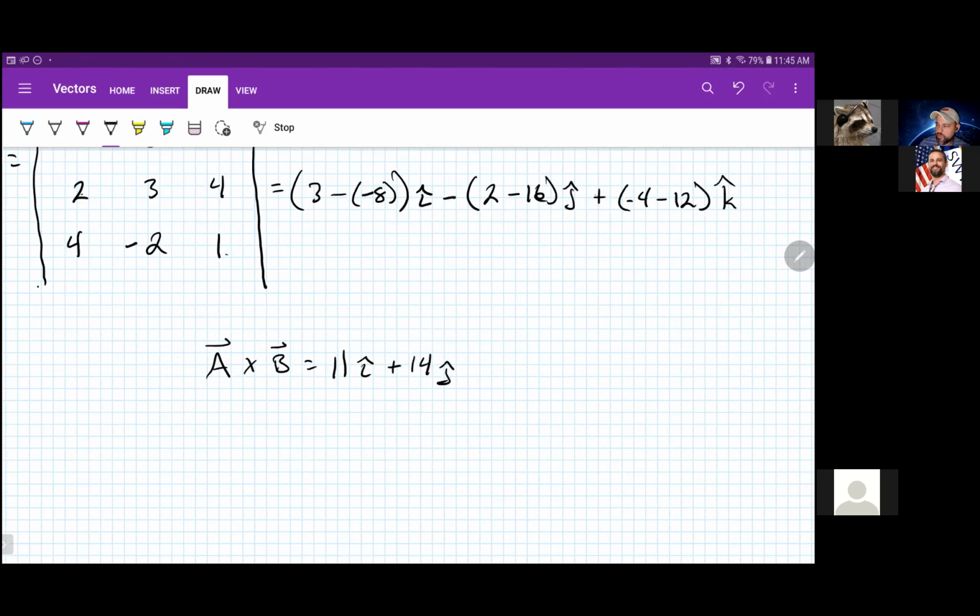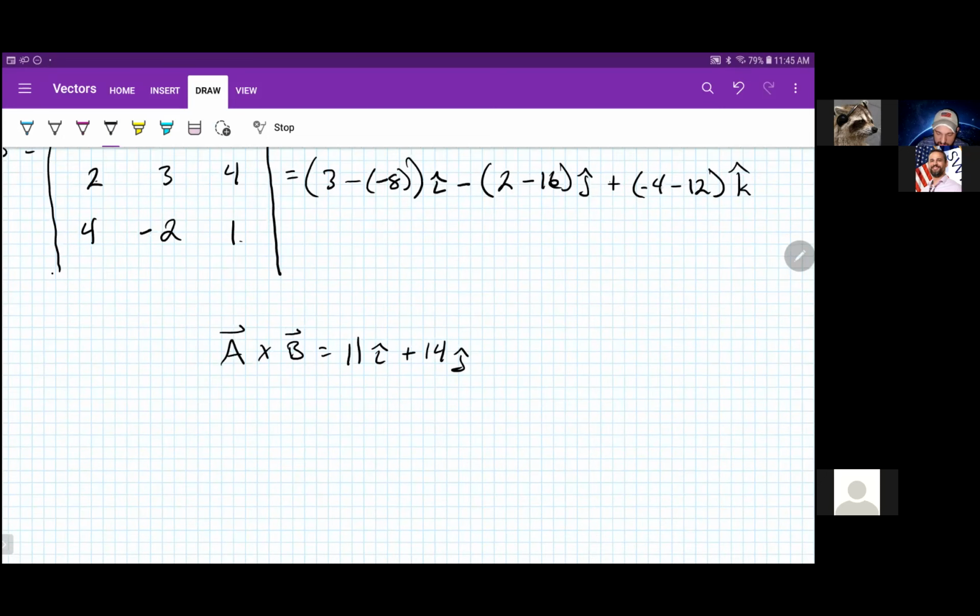Okay, so make sure you don't get confused with all these negatives, all right? Keep those in line. That's why you should include parentheses here so you don't get confused. Parentheses are important. Then plus a negative 4 minus a 12 gives me a negative 16. So a plus times a minus gives me a negative 16 K hat.